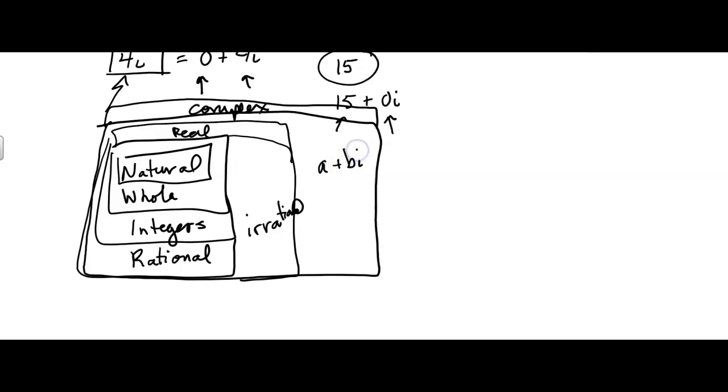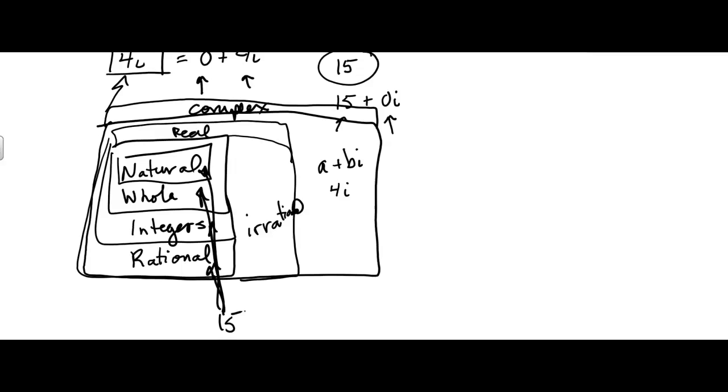So if there's an imaginary part, then you're going to have a b like 4, like we had for 4i. So 4i is over here. 15 happens to be a real number, so it would be rational, and it would be an integer, and it would be a whole number, and it would be a natural number. 15 would be all those things. And it would be a real number, but it's also considered a complex number.